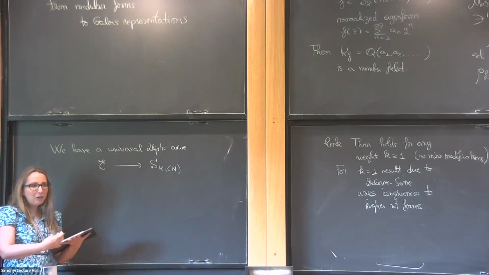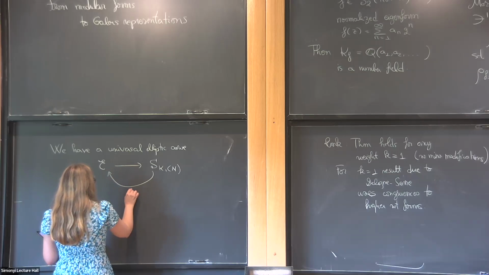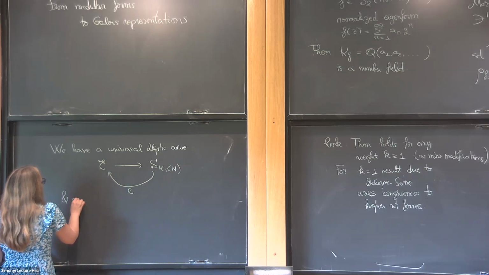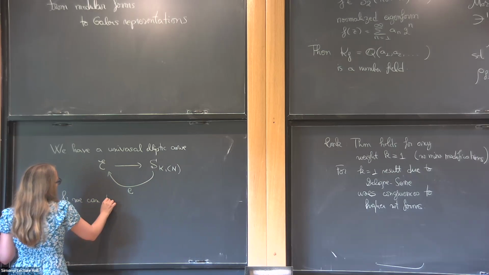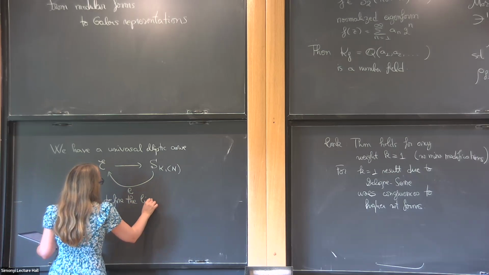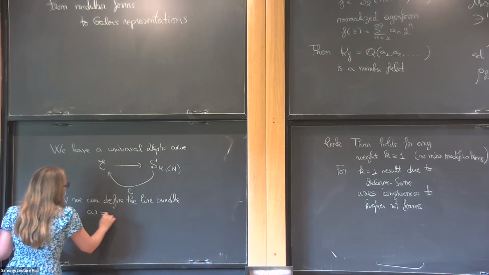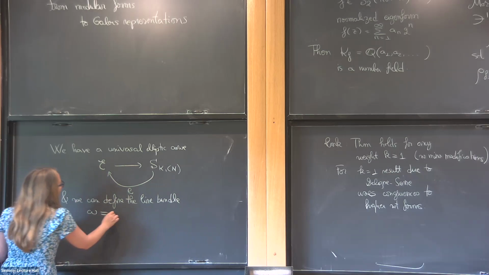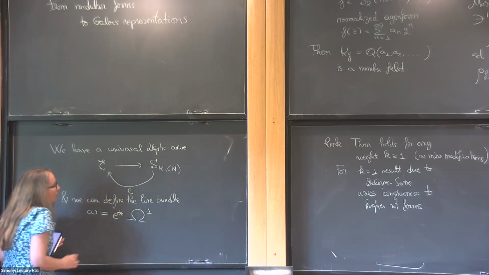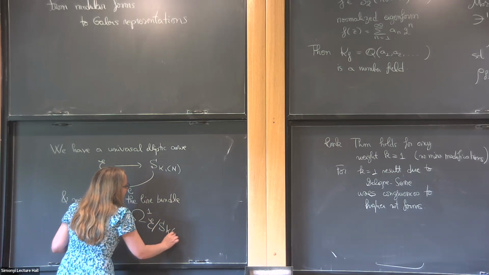So remember the elliptic curve has this group structure, so it makes sense to talk about the identity. There's an identity section here that I'm going to call e. And then we can define the line bundle omega that you get by pulling back under this identity section the sheaf of relative differentials of this elliptic curve over Y1(N).